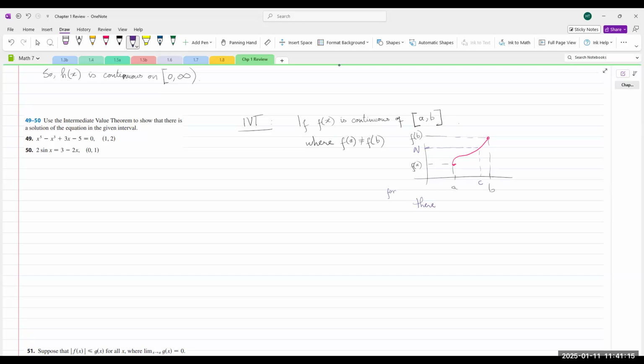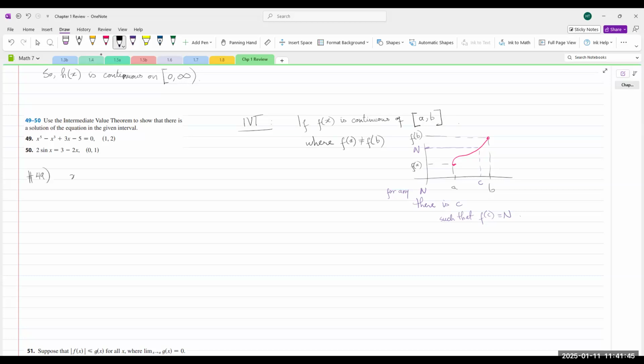For any n in that range, there is a c such that f(c) equals n. Okay, so I think I would just do one of these, number 49. So number 49.